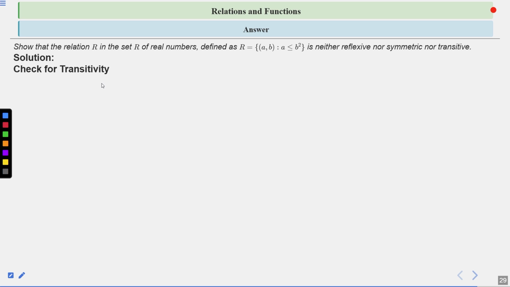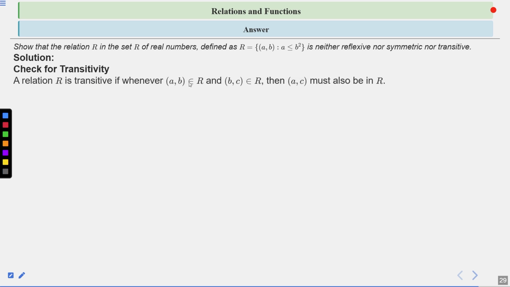Now check for transitivity. We start with two pairs (a, b) and (b, c) both belonging to R, and we have to observe whether the pair (a, c) belongs to R or not. If it belongs to R, then it is transitive. If not, then not transitive.